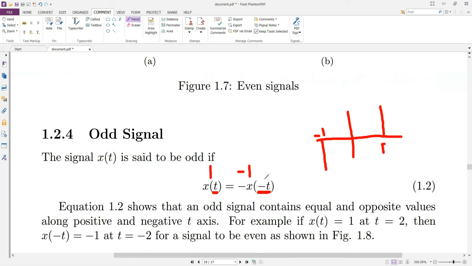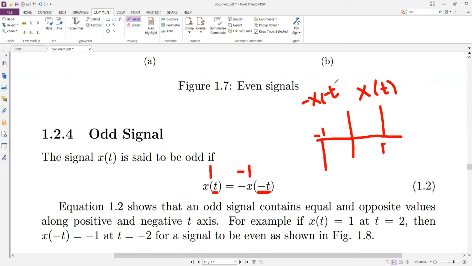In other words, a signal will have values that are equal and opposite. In other words, if a signal has a value of 1 at x of t, it will have a value of minus 1 at x of minus t.